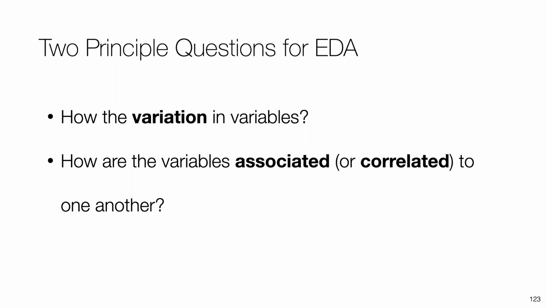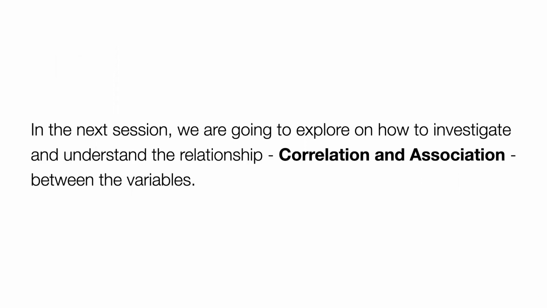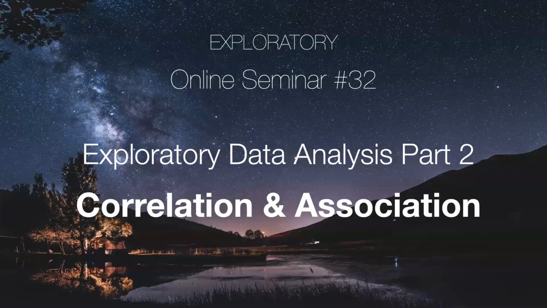The next step is how the variables are associated or correlated with one another. In the next section, we're going to explore how to investigate and understand the relationship, particularly correlation and association between the variables. That's going to be next week at the same time.